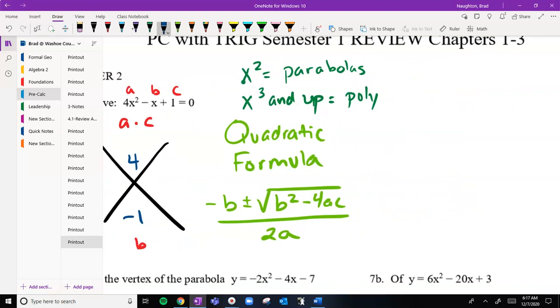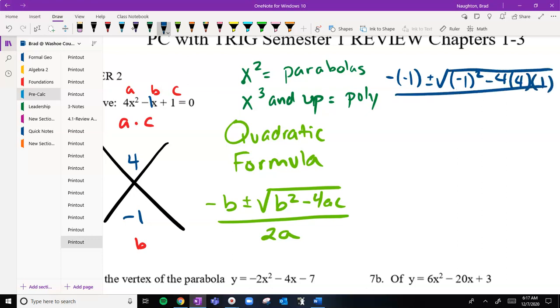My b is actually -1, so this is going to be the negative of -1, plus or minus the square root of -1 squared minus 4 times a, which is 4, times c, which is 1, all over 2a, so 2 times 4.